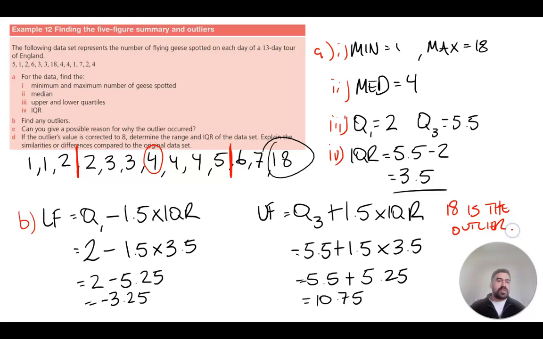Now the second last question is, can you give a possible reason for why the outlier occurred? In the context of geese, this is a bit of a tricky question. So creativity holds the key to answering this question.